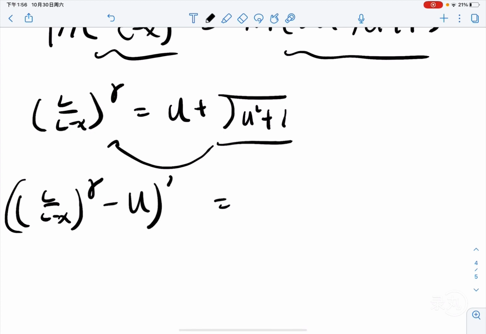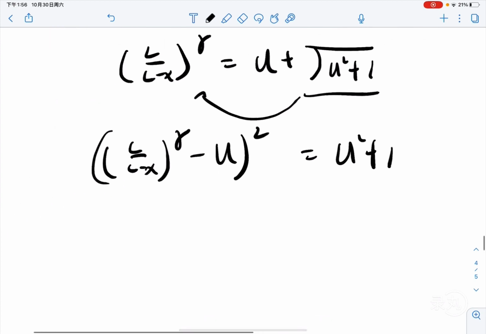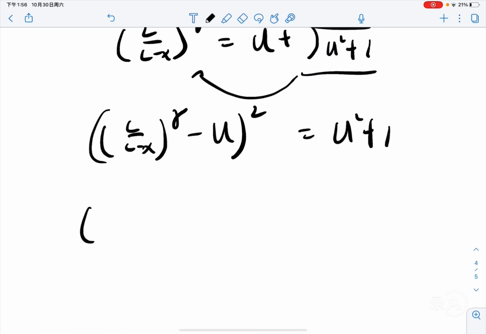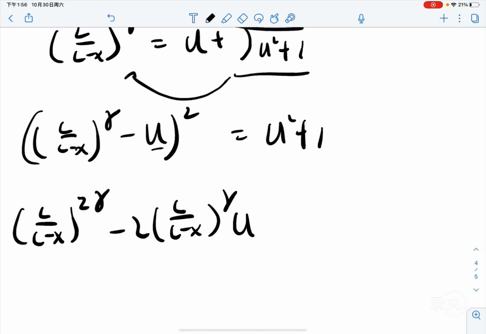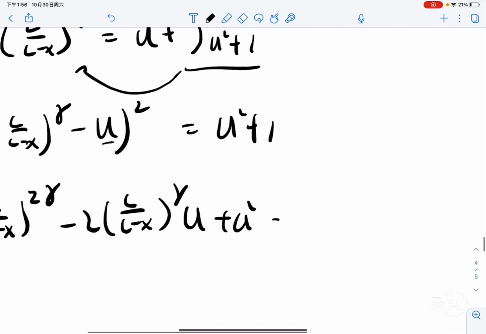Taking the square, this is going to be L minus x to the 2 gamma, and this one is minus 2 L minus x to the gamma times u, plus u squared, is equal to u squared plus 1.